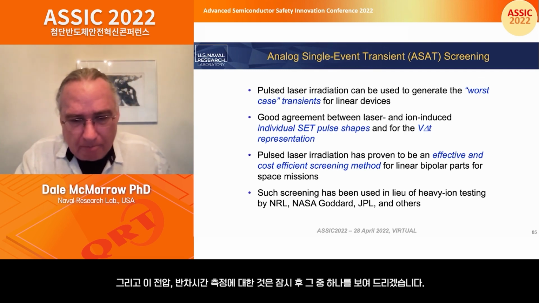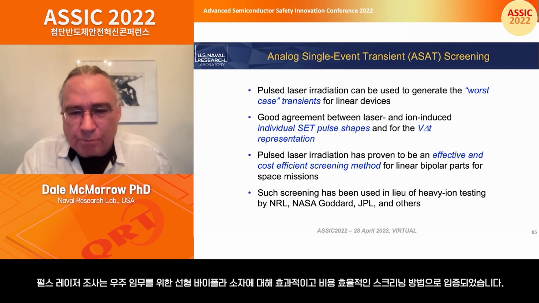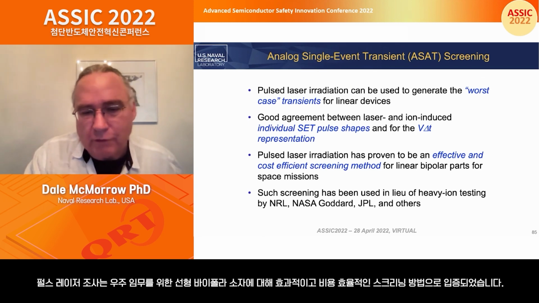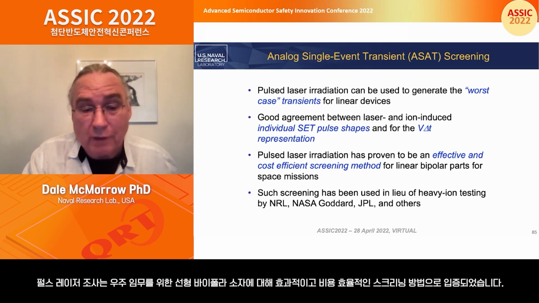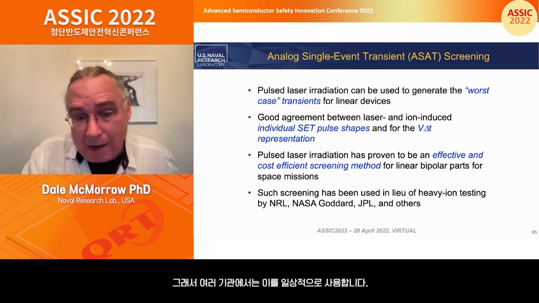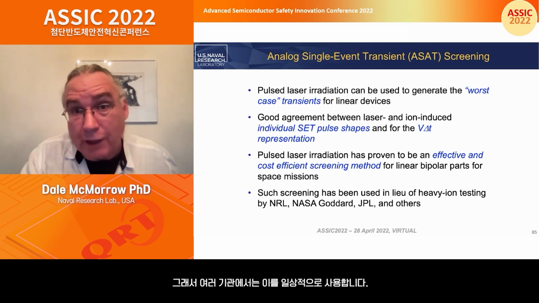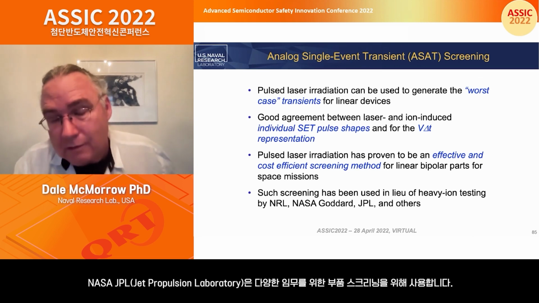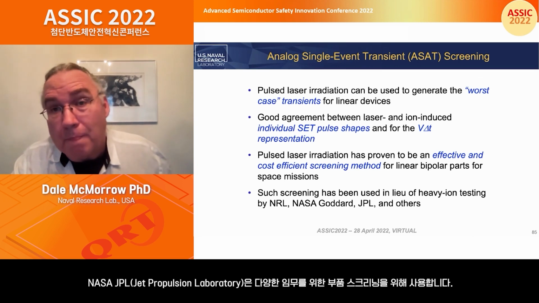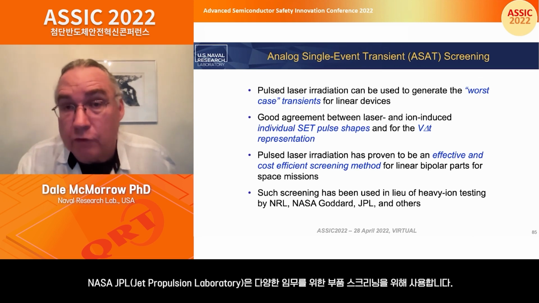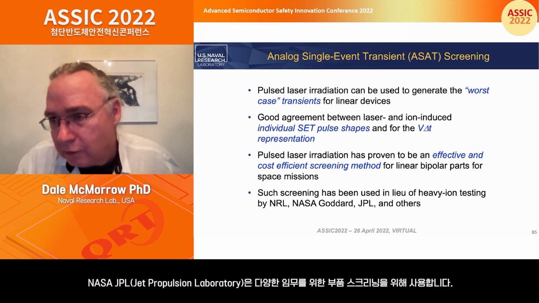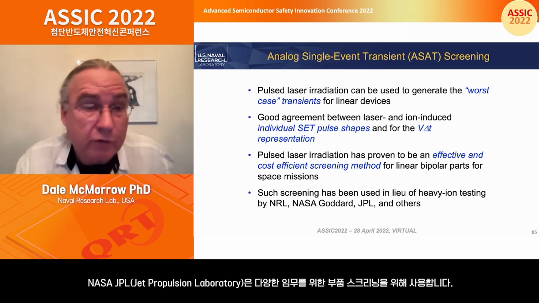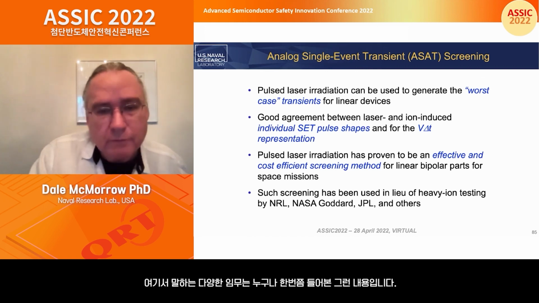The laser has proven effective and cost efficient for screening these parts. And so several labs use this routinely. We have parts flying. I don't mean we, but JPL has used this technique to screen parts for their various missions, and you've all heard about those.